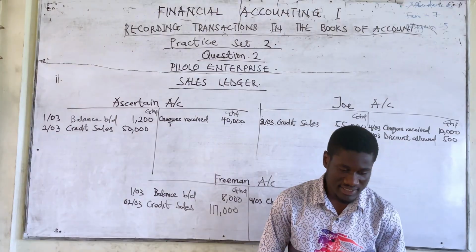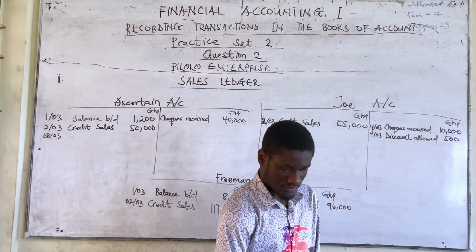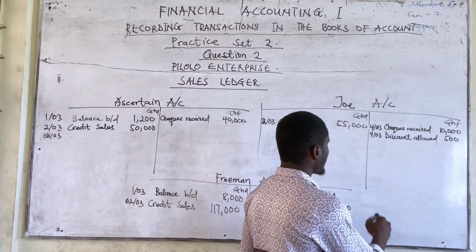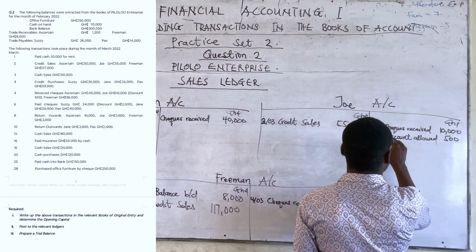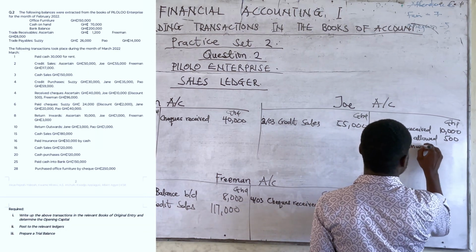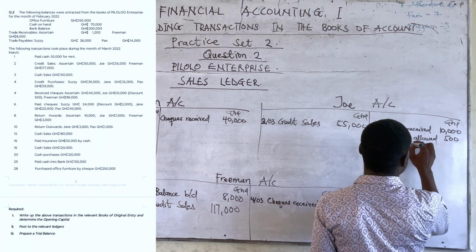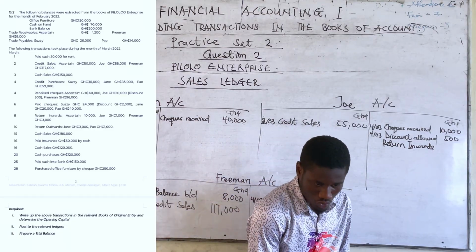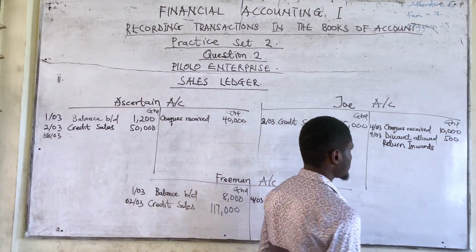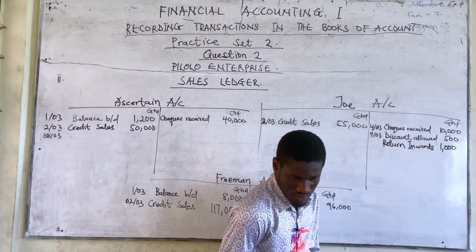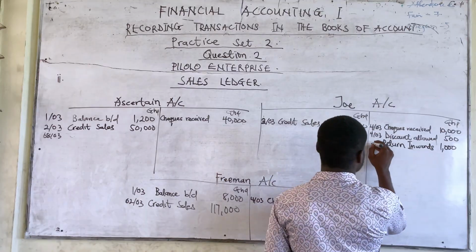We have return invoices. Good. So we know that returns inward will be here, and the amount for Joe was 1,000. The date was March 8th.